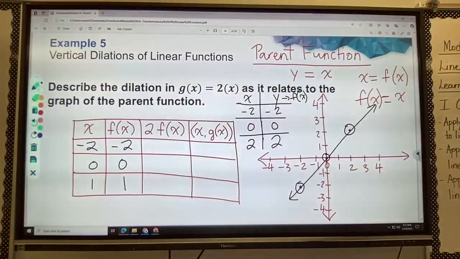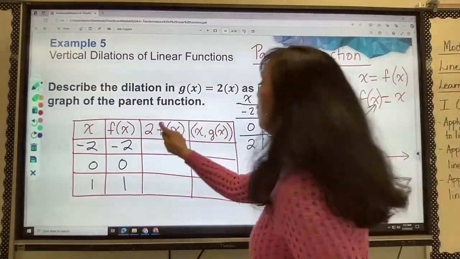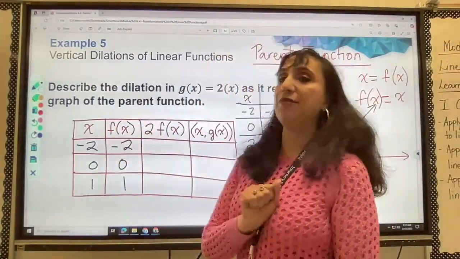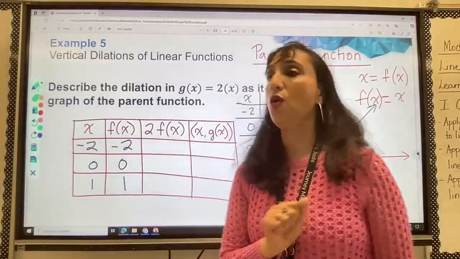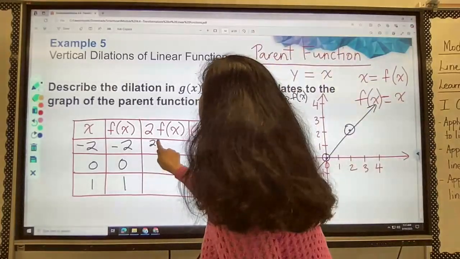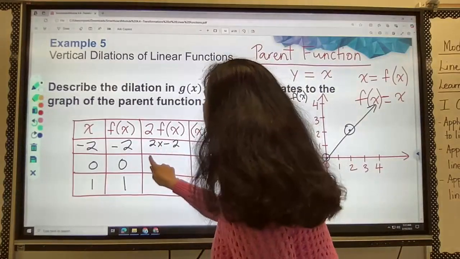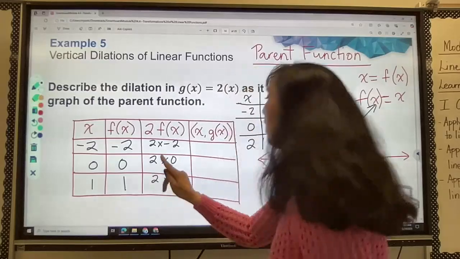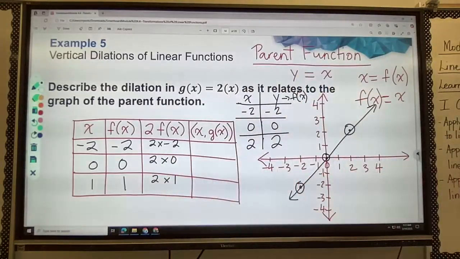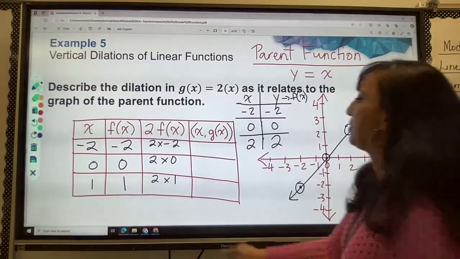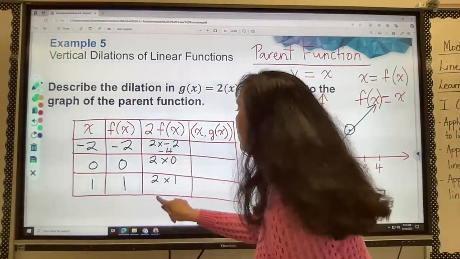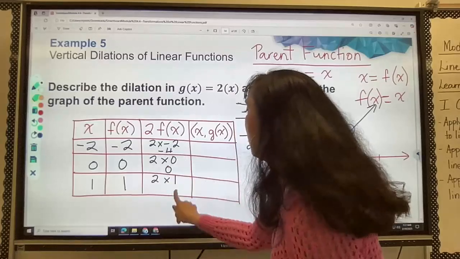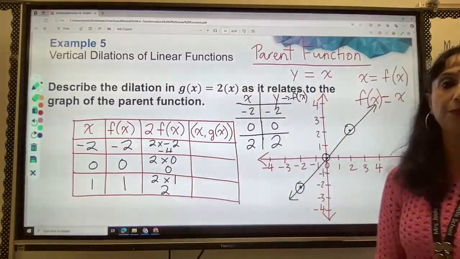Now let's look at the next thing. It is saying 2 times f of x. So this is going to be 2 times -2, 2 times 0, 2 times 1. And what do I get? When I do 2 times -2, I get -4. 2 times 0 is 0. 2 times 1 is 2.